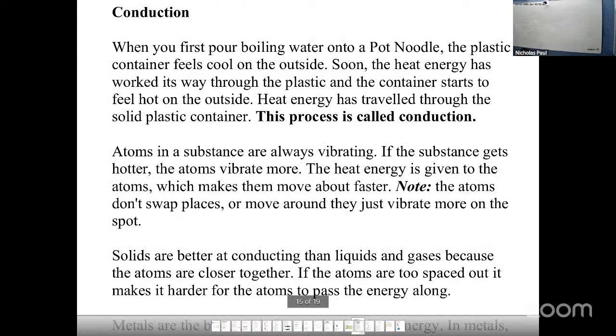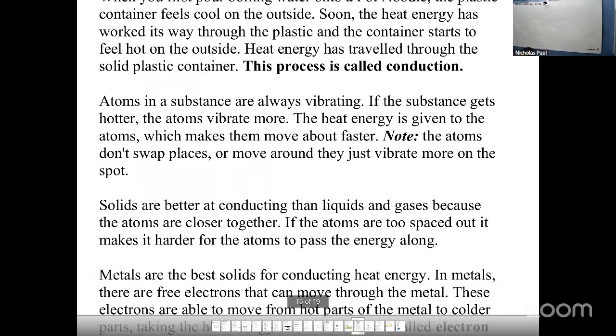So a small definition of conduction. You can write this. Conduction is the mode of heat transfer through a solid.